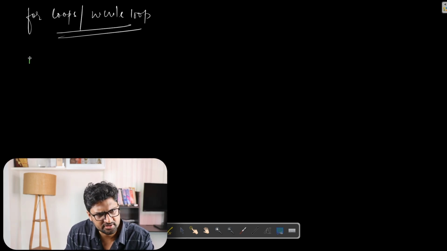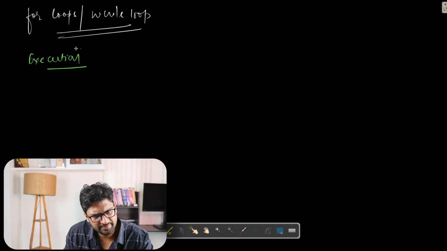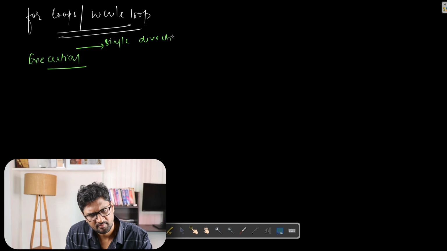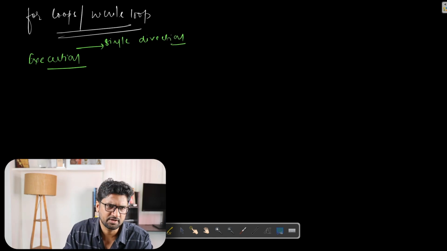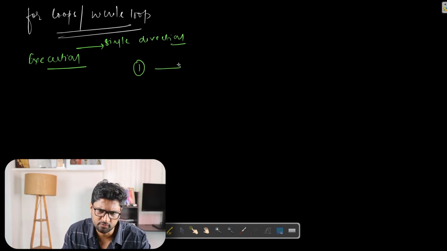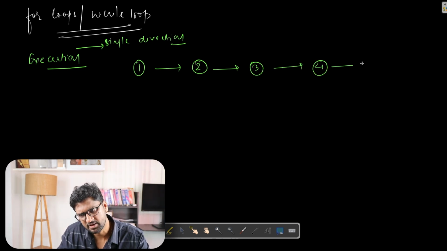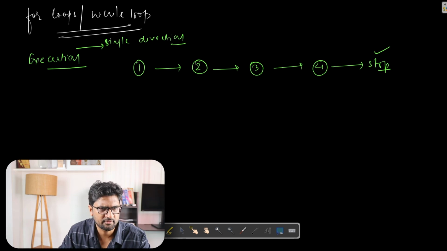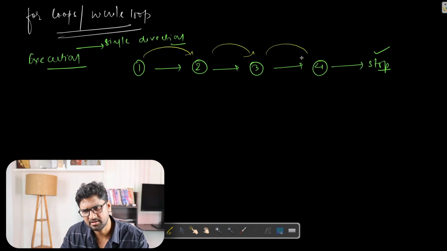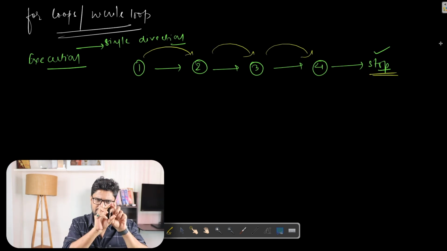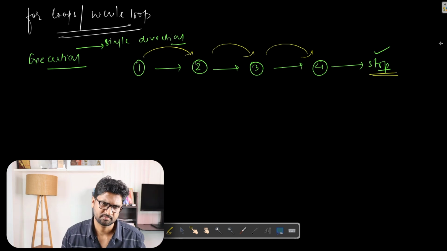The execution is always in a single direction. For example, you are at step 1, then you will move to step 2, then you will move to step 3, then you will move to step 4 and then you stop. So you come from here, here, here and then you are done, then stop. So it's always a single direction execution.